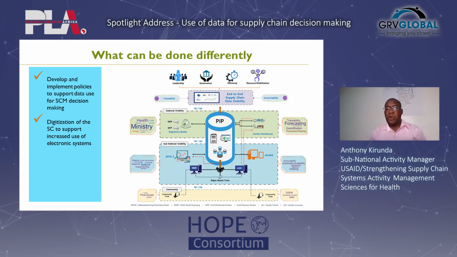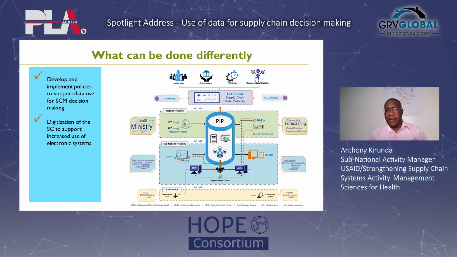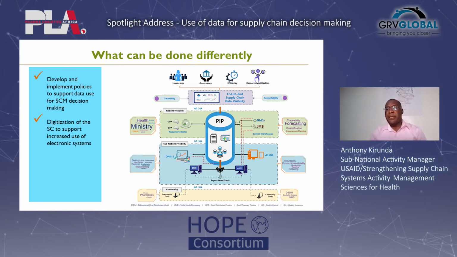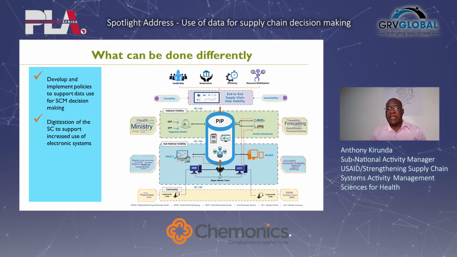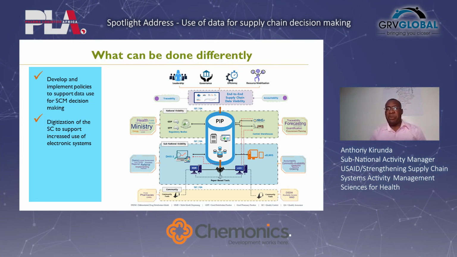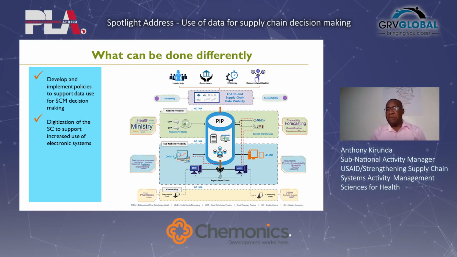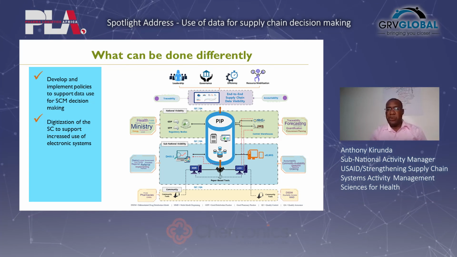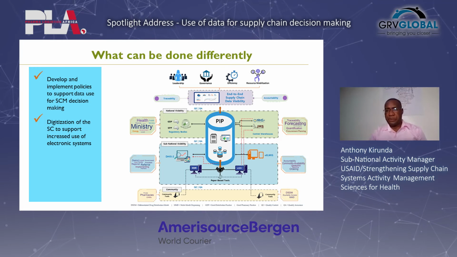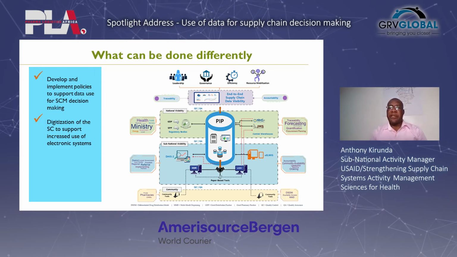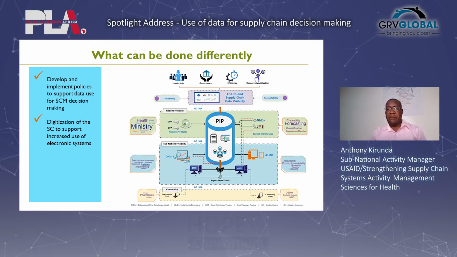And so we have envisaged a data map here, which involves having a central data warehouse, which we call the Pharmaceutical Information Portal for Uganda, and it is sitting at the Ministry of Health and is being backed up at NITA-U, the National Information Technology Authority. So that's where we're backing it up, but the data warehouse is sitting at the Ministry of Health.